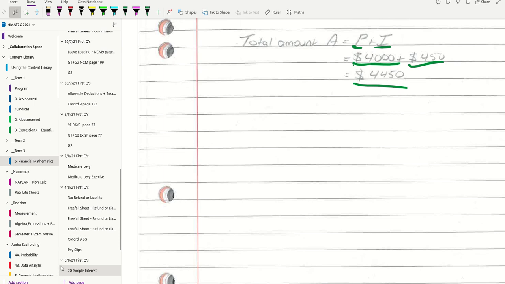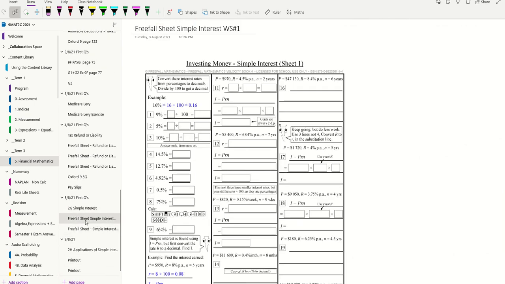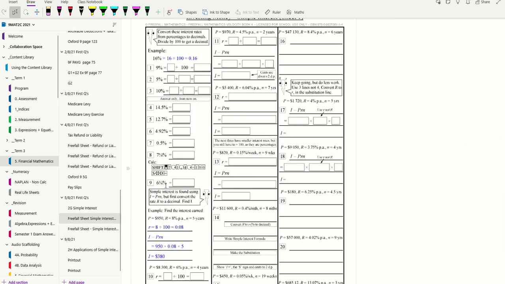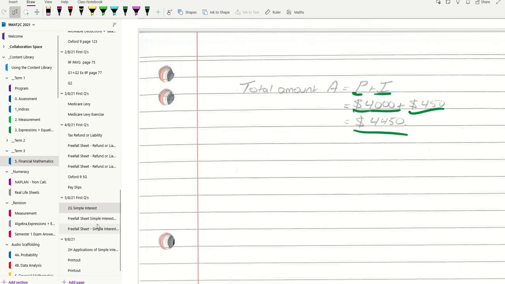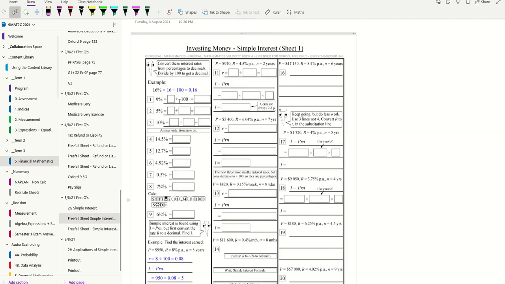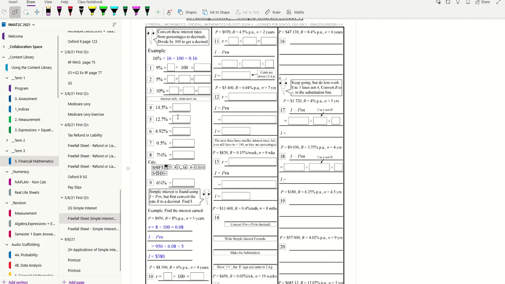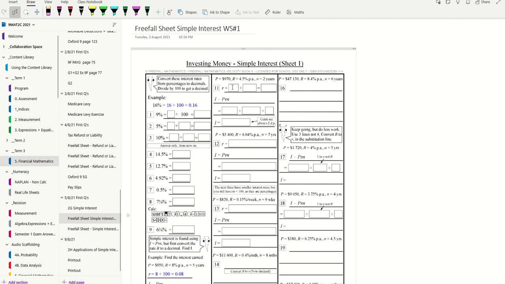So we'll quickly have a look at the questions that I put in for today. Hopefully I've done a good job. I'm using the free 4 sheets. Here are some questions in the first place on just converting our percentages, that's putting those percentages in to divide by 100. Then up here, we have some questions with our simple interest rate. These ones step us through the steps.